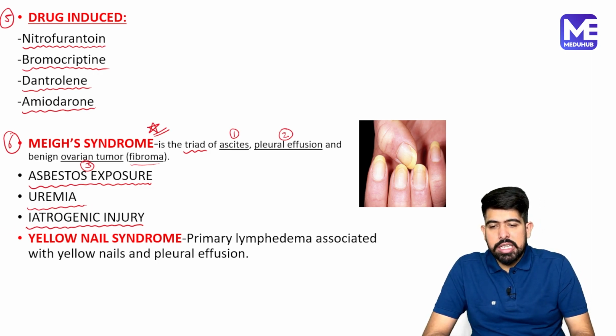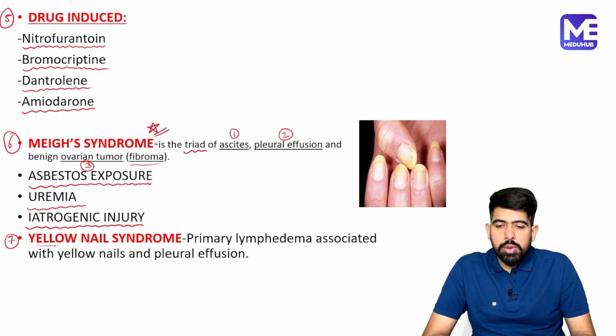And the last one is very important. Please remember yellow nail syndrome. You can see here in this patient the yellow nails, right? The nails which are growing are yellow in color, right? So what is yellow nail syndrome? This is primary lymphedema, right?